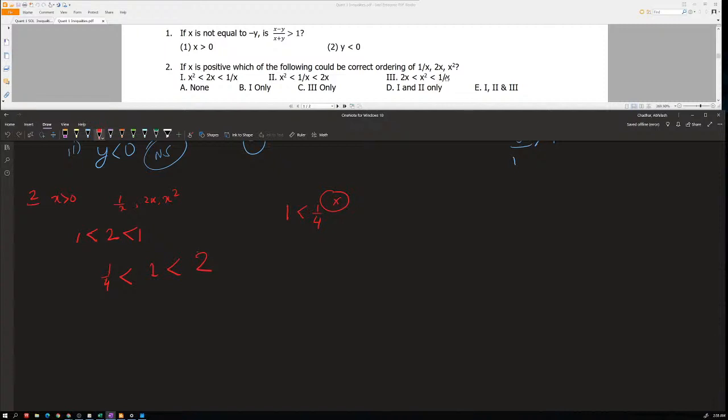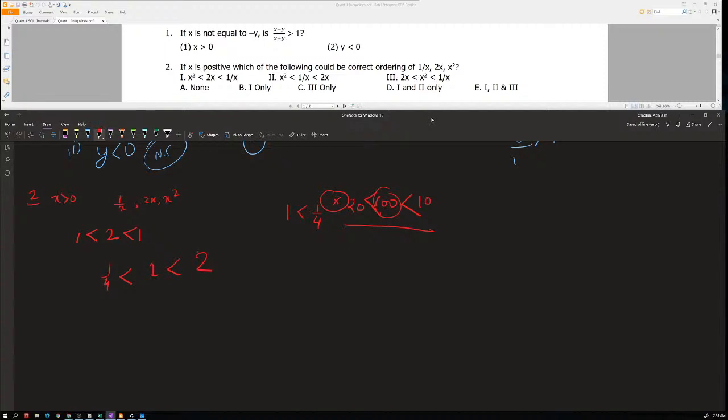So we have to take something that is in fraction to make this the largest. So I take x equal to 10. This will become 10 is less than 100 is less than 2 into 10, that is 20, right? So this is not correct. x square will always be greater than 2x. So I think 3 is not done.